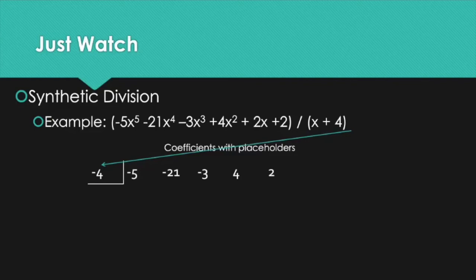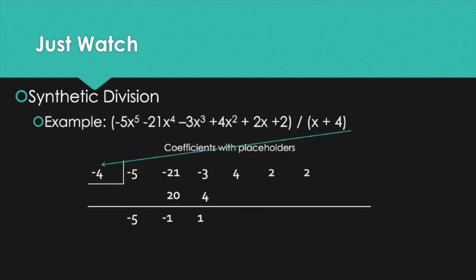And then we start our synthetic division. Bring down our negative 5, multiply. Negative 4 times negative 5 is 20. Add, we get negative 1. Multiply the negative 4 times the negative 1, we get 4. Add, we get 1.